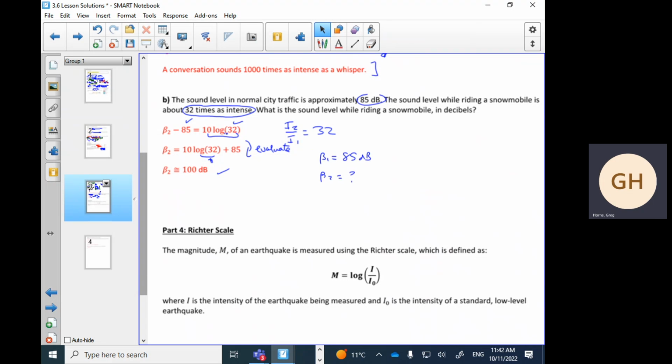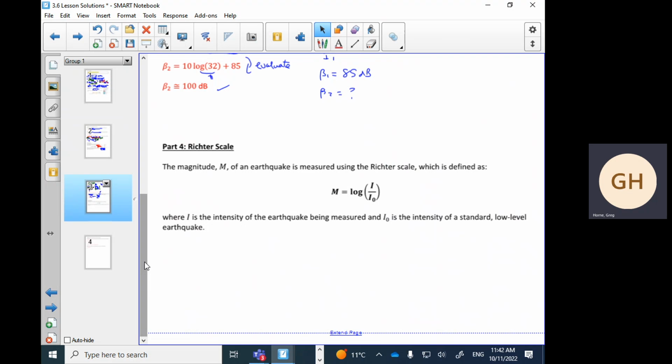Similarly, we're given this equation: the magnitude on the Richter scale is equal to the log of the intensity divided by a standard intensity level, they call it I0. Again, it's just an equation that you're given, and you're given parts of it.